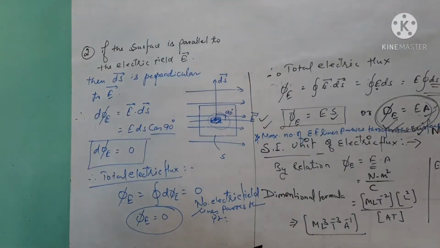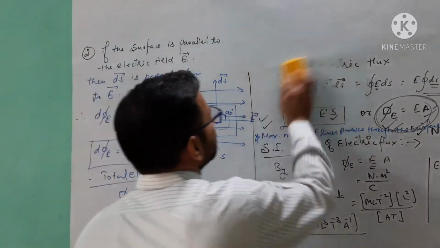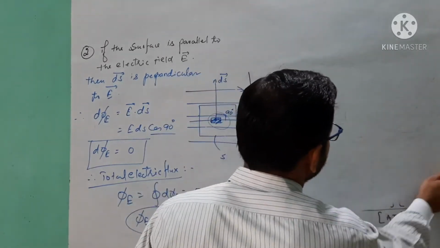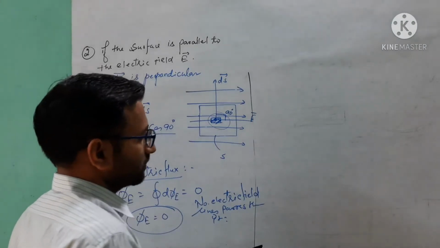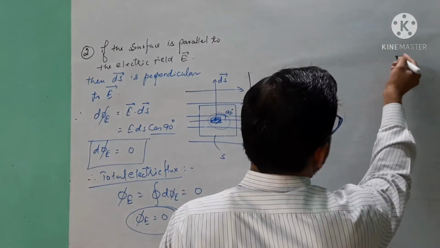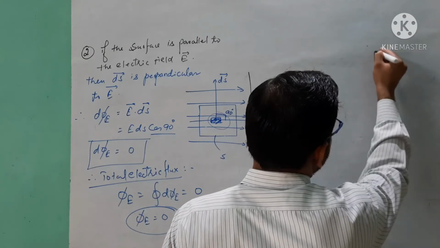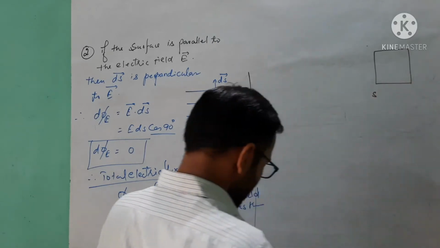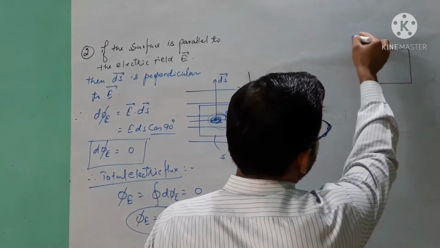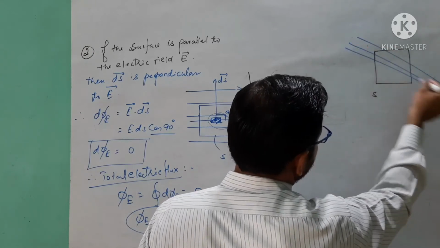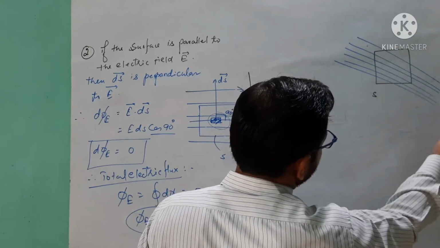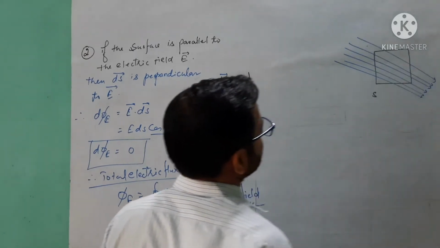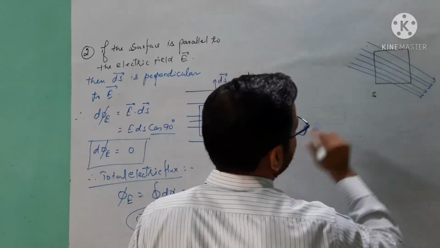Got it? Now the third condition, when the surface is placed at an angle theta with respect to the given electric field. For this condition, I will take a surface first. This is our surface S, and I will show the electric field lines for this surface in this way, in which you can show the theta angle, or you may change the diagram according to yourself.